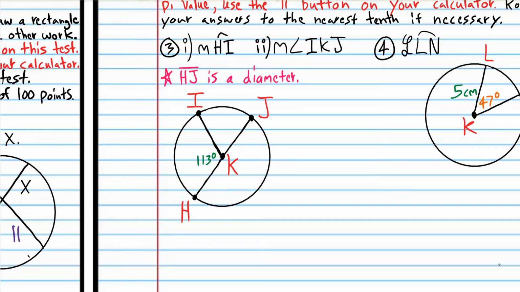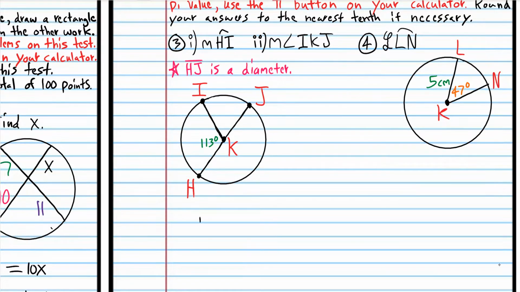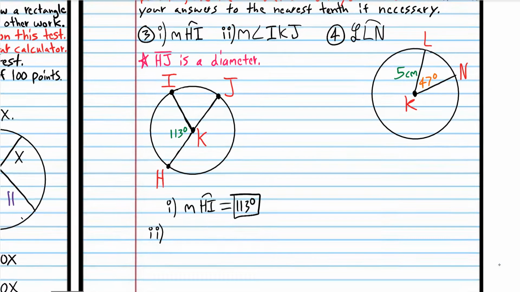So the measure of arc HI, part 1, is 113 degrees. So that was kind of an easy one. Again, if this central angle is 113, then the corresponding arc measure must be the same degree value. Now we're going to find the measure of angle IKJ.